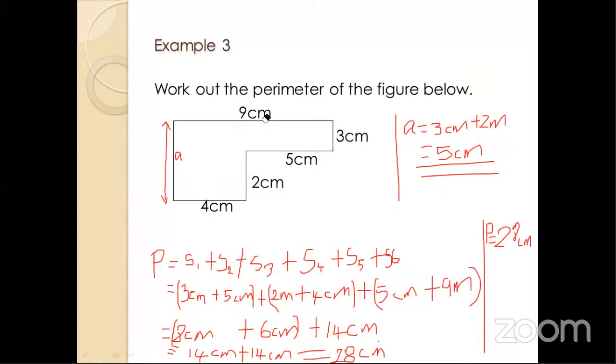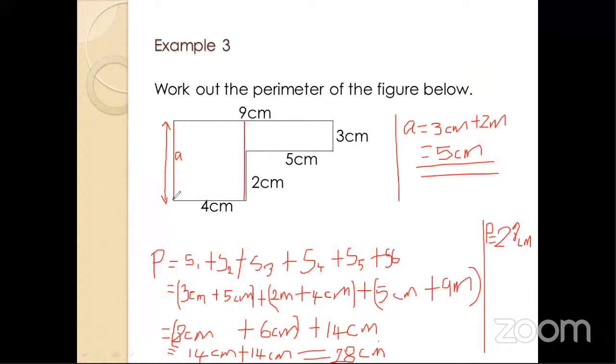Yeah, so you add all the sides given if you are getting perimeter, but in this case, you need to see if there is any missing side. You first begin by finding that missing side. And like the other girl told us how we can find this missing side, she said from there up to here is the same as this side.